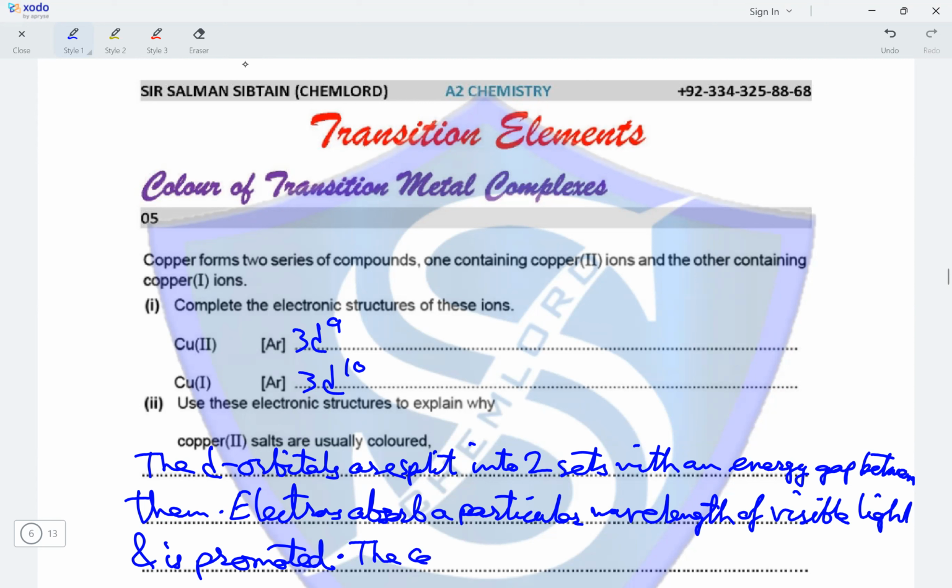The color observed is complementary to the light absorbed. So this is the reason for color in copper 2 salts.